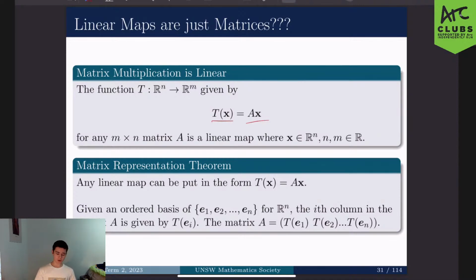Just a little bit extra on linear maps: we know that 0 must be sent to 0. Because if we have t of 0, this is the same as t of 0 times v, which is equal to 0 times t of v, which is just going to be 0.